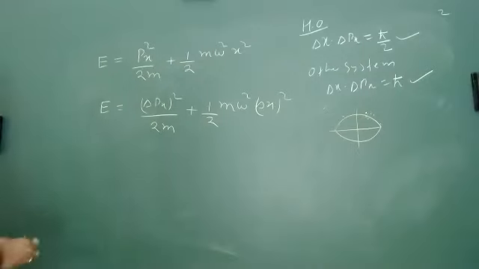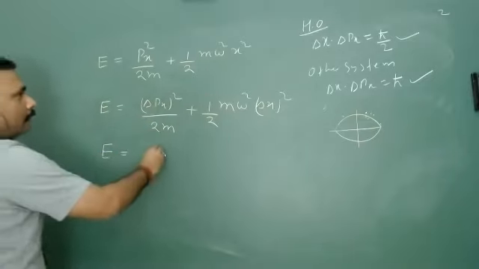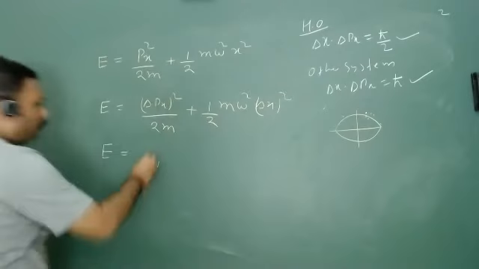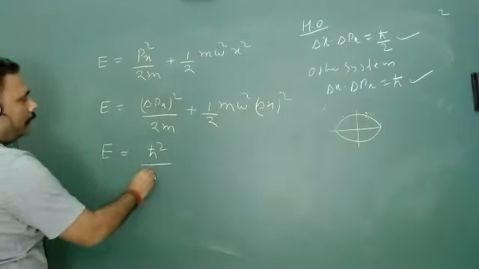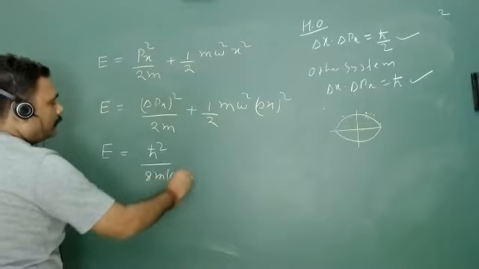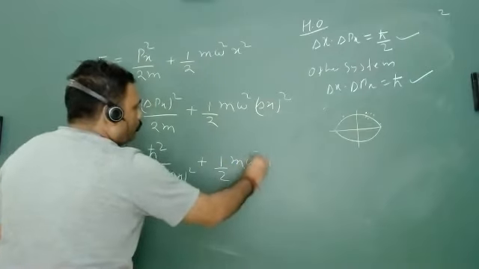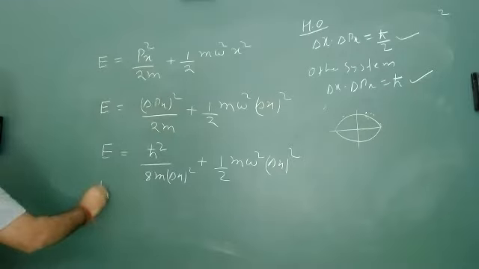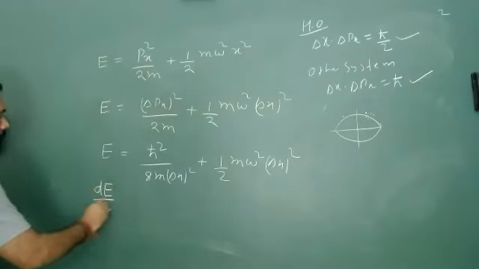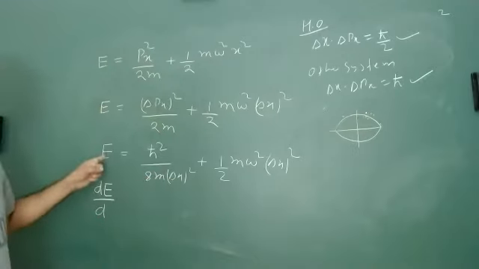So now you can write E as, we will have to use the upper part, h cut square upon 8m delta x square plus half m omega square delta x whole square. Now we want the value of delta x such that we get the energy E, which will be minimum.